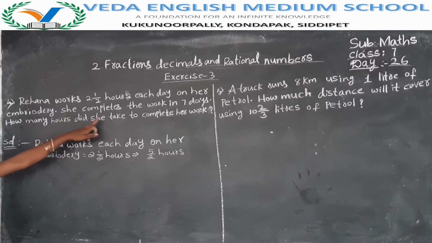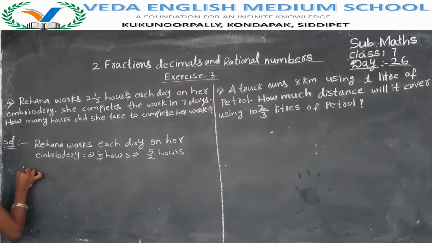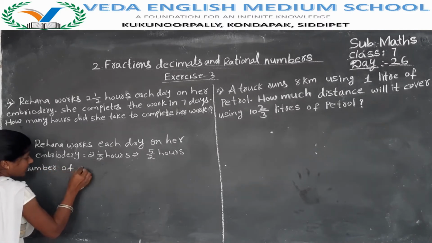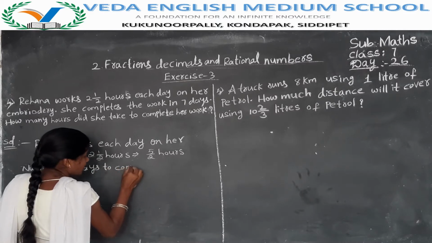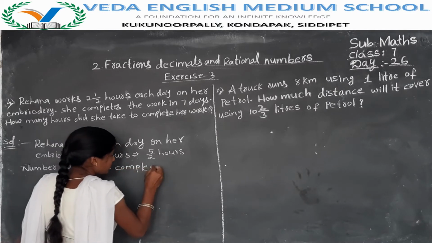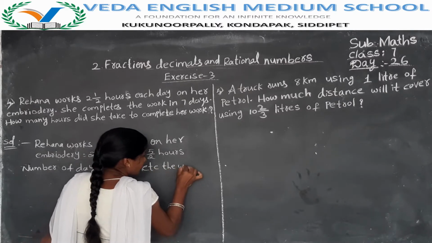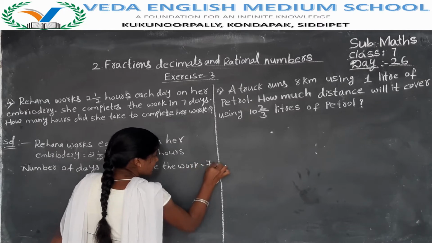Now she completes the work in 7 days. Number of days to complete the work is equal to 7 days.